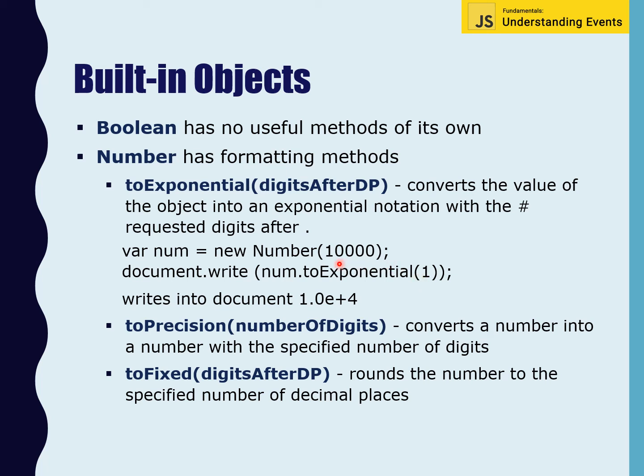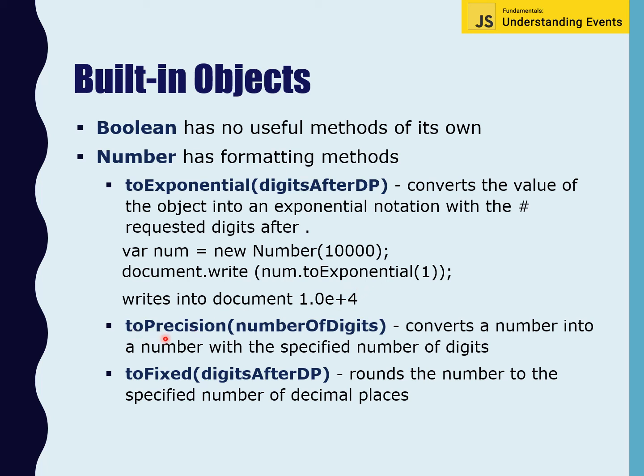So the output for this value 10,000 will appear like this: 1.0e+4. This 4 represents the number of zeros.